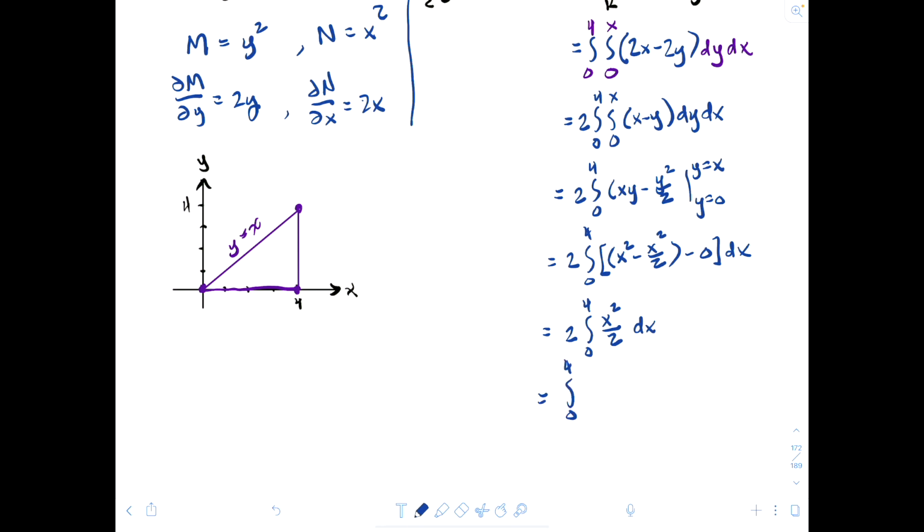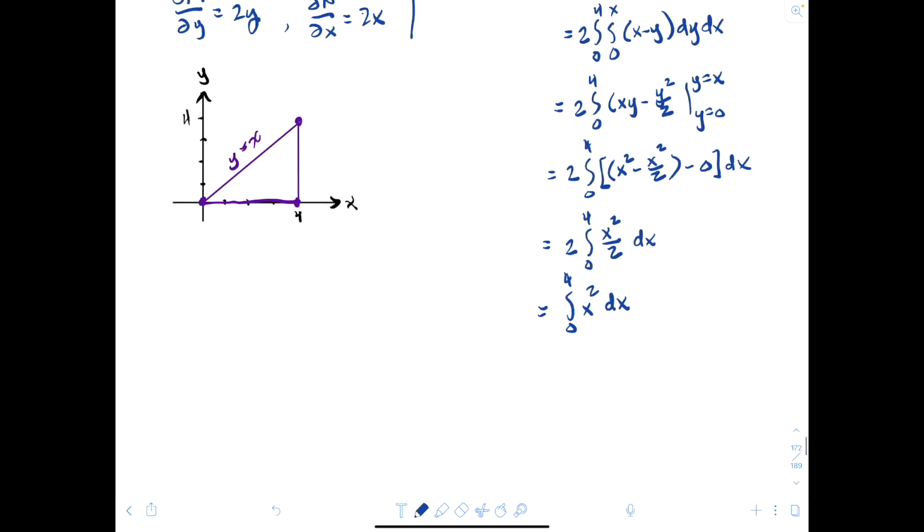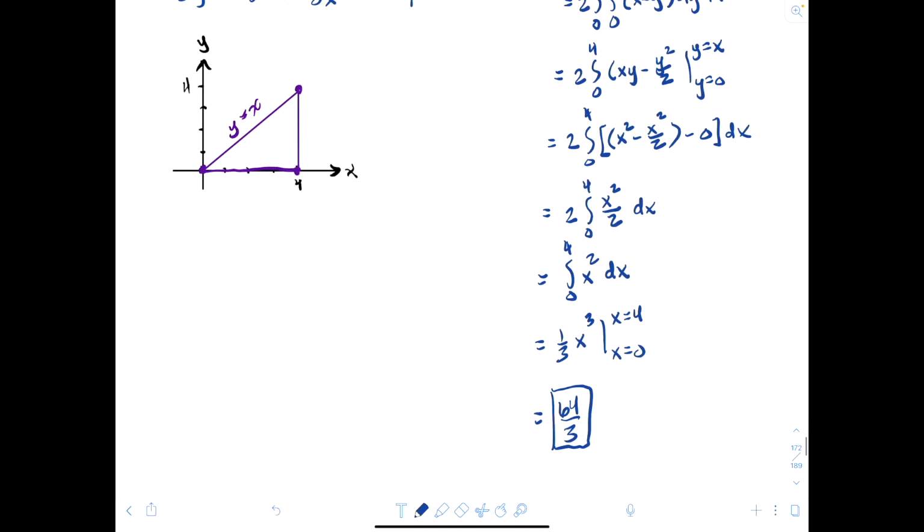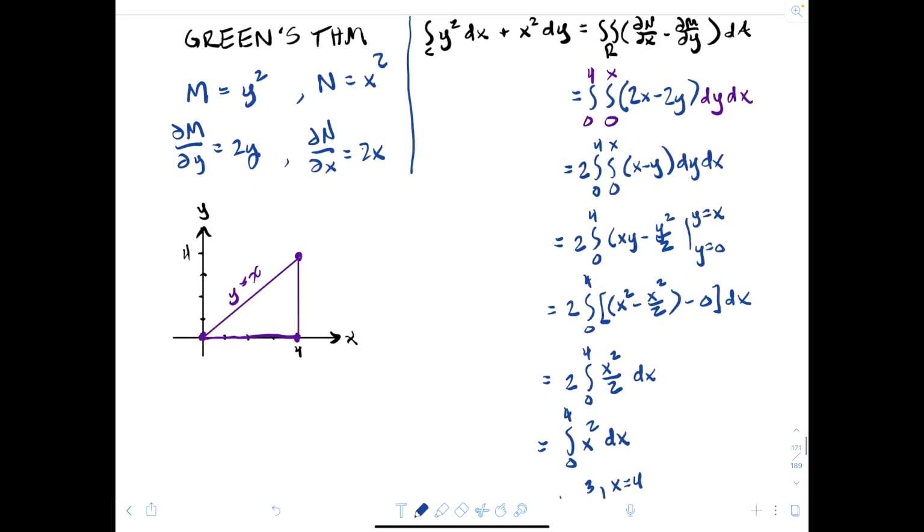So I'll just have the integral from 0 to 4 of x squared with respect to x, which will be 1/3 x cubed from x is 0 to x is 4, which is beautiful, 64/3. Cool, isn't it? I don't know which way you like better, but I think Green's theorem is pretty darn groovy.